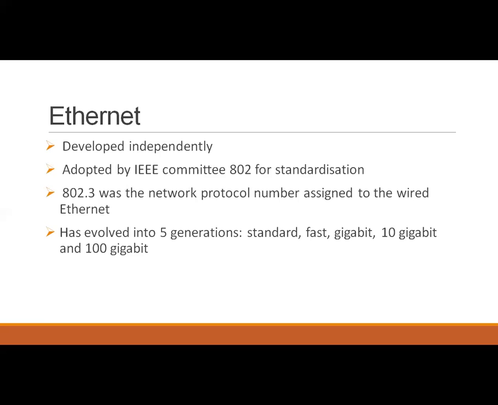The gigabit actually means that it was able to deliver 1 gigabit bandwidth inside the network, and 10 gigabit and 100 gigabit variants are actually capable of delivering that much data traffic within the network. So different generations of Ethernet actually depict different generations.